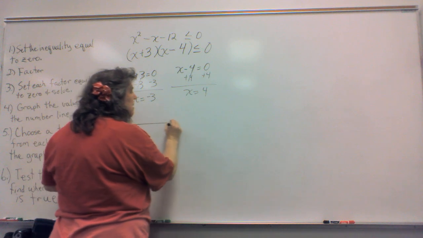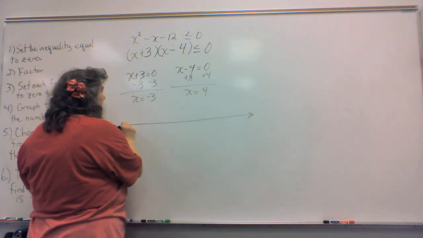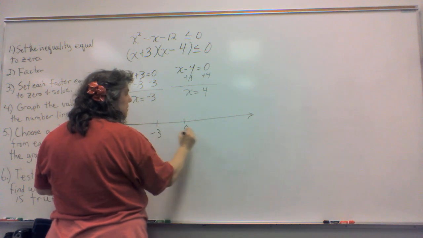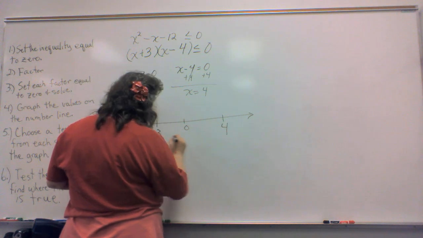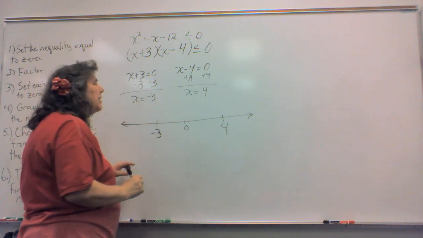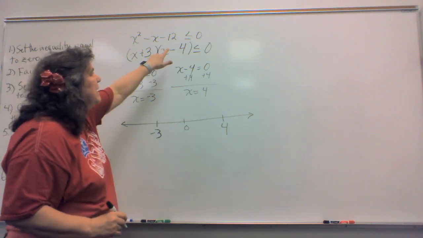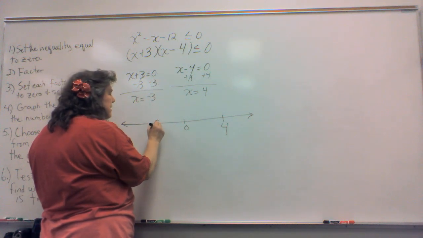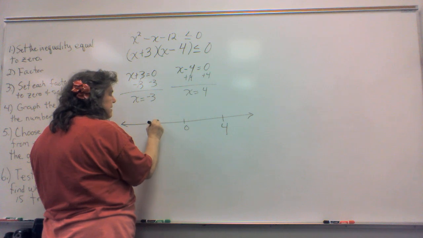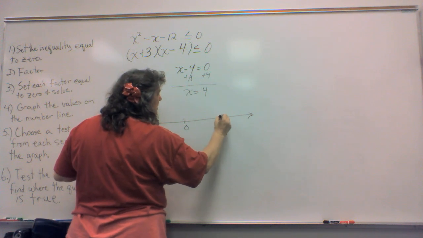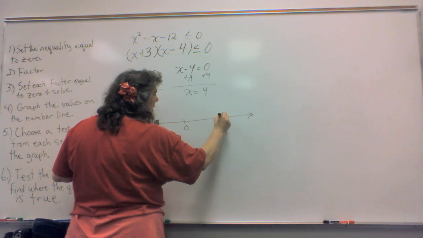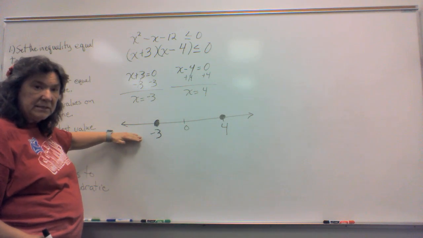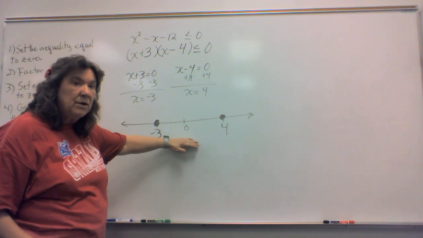It means that on my number line, at negative 3, and at a positive 4, these two numbers are where it is equal. And since I have a less than or equal in my original equation, that tells me these are going to have a solid circle because they are included in the solution.